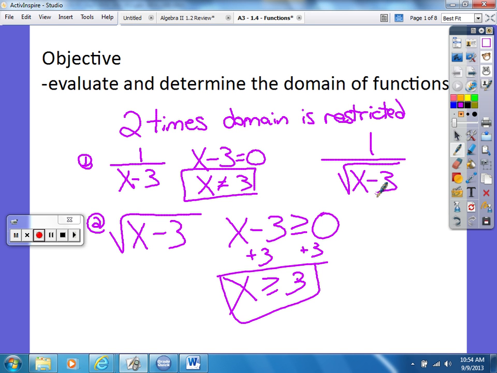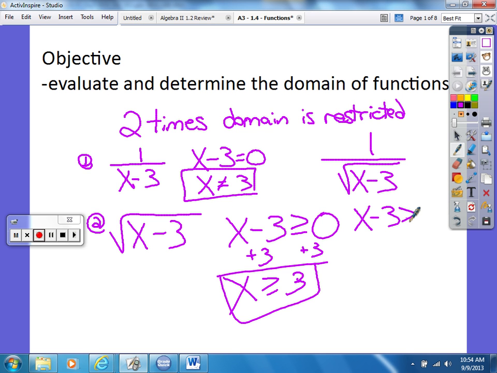Well, since it's a fraction, what number cannot be on the bottom? 0, right? 0. And what number can you not have under the square root sign? A negative. So what kind of numbers are you allowed? Everything greater than 3? Okay. I'm actually going to rewrite this whole part here, Whitney.